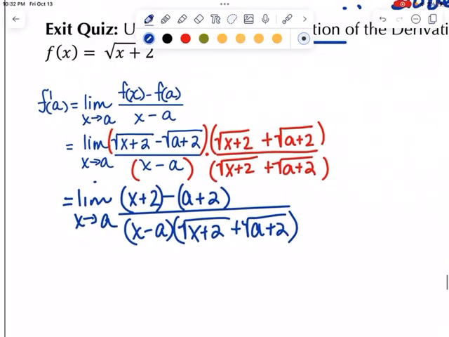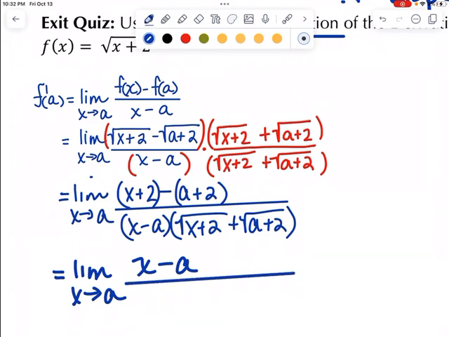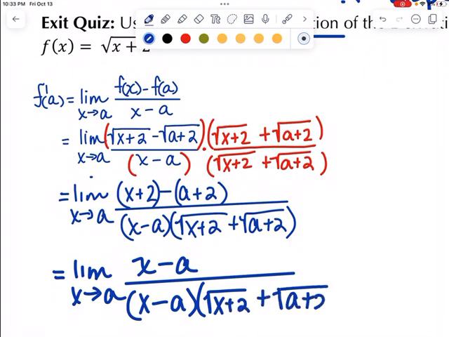This is equal to the limit as x approaches a. In the top, we're going to have just x minus a, because it's going to be x plus 2 minus a minus 2. So in the top we have x minus a, and in the bottom we have x minus a times the square root of x plus 2 plus the square root of a plus 2.